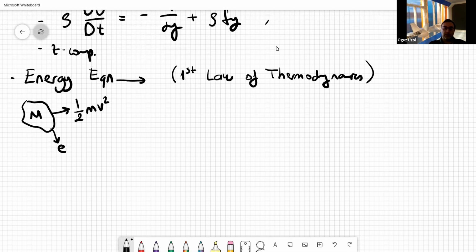But right now, let's consider we are dealing with air flows, so we are not concerned very much about potential energy changes as the fluid particle moves around. So basically, internal energy and kinetic energy level of a fluid particle can change as it moves around in the fluid medium. How can it change?